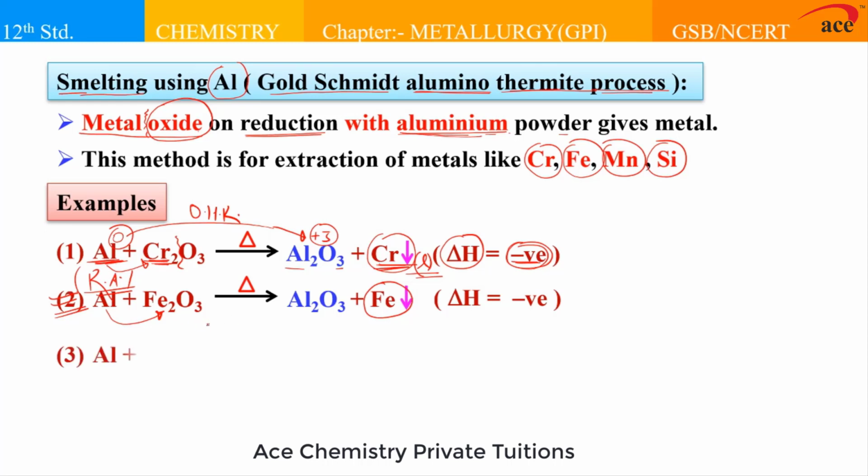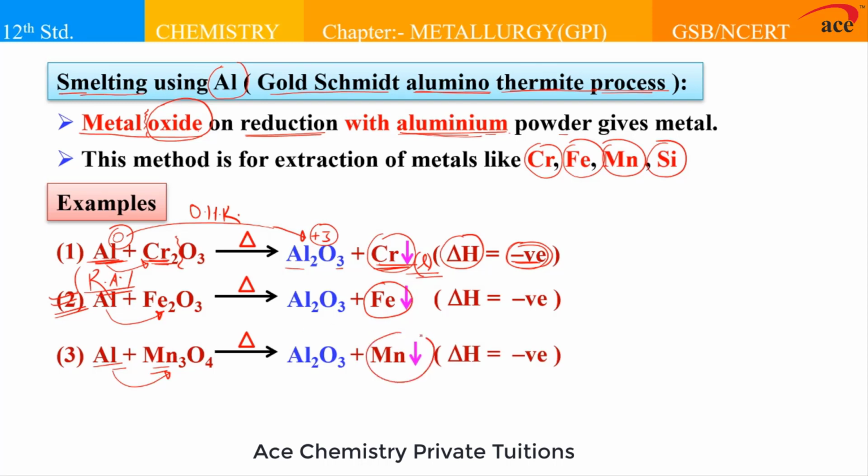More reactions, if you will see, aluminium metal is also used to reduce manganese oxide. This aluminium, being more reactive than the manganese, when heated with this, displaces manganese, and we are getting manganese in the molten form as the delta H is negative, which indicates it is a highly exothermic reaction.